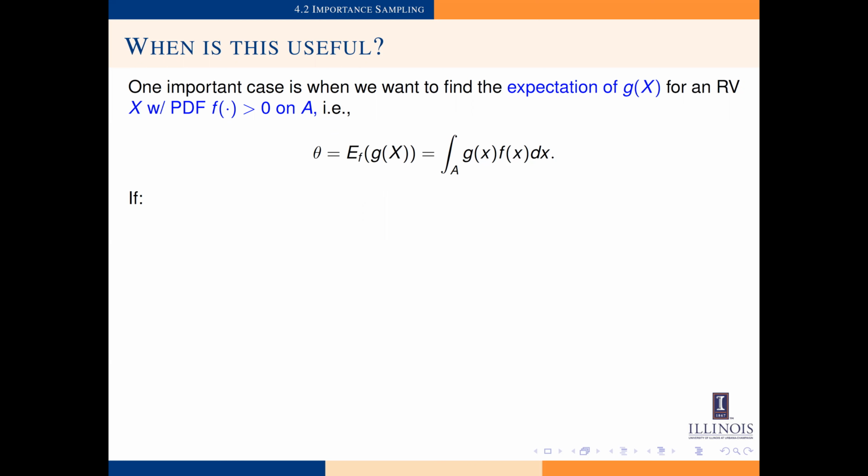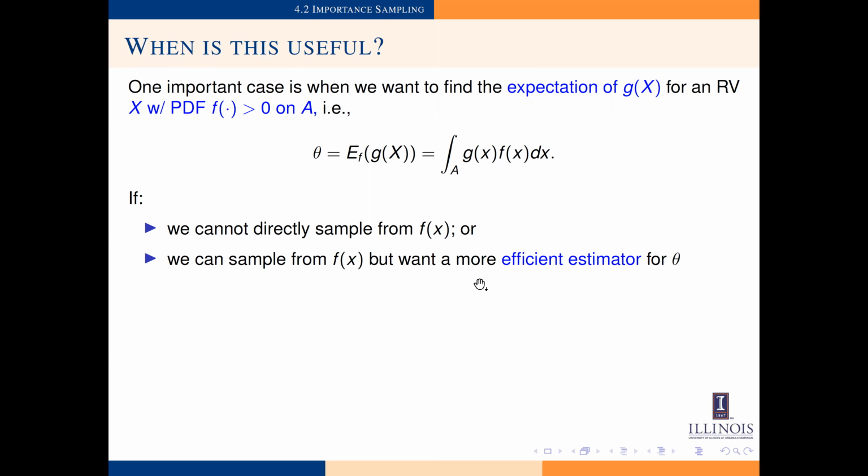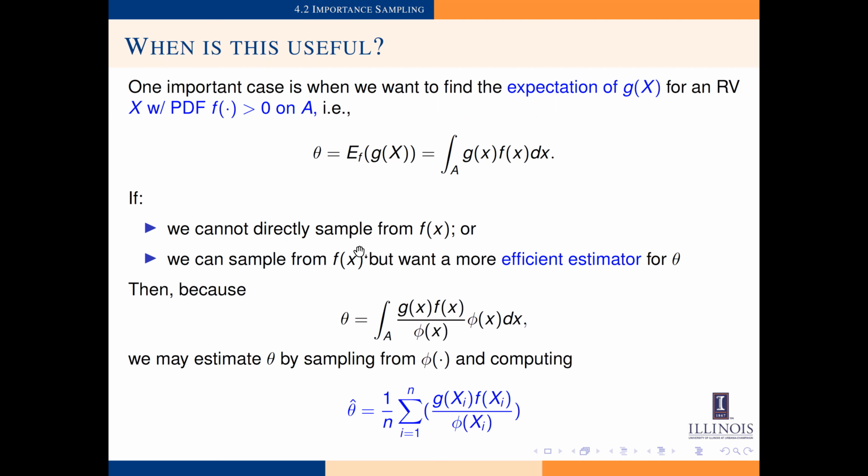If the density f(x) is not directly sampleable, so we cannot directly sample from f(x), or the density f(x) can be easily sampled from, however, we want a more efficient estimator for theta, then we can apply the importance sampling methods.